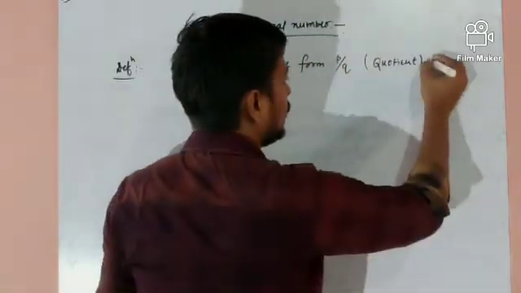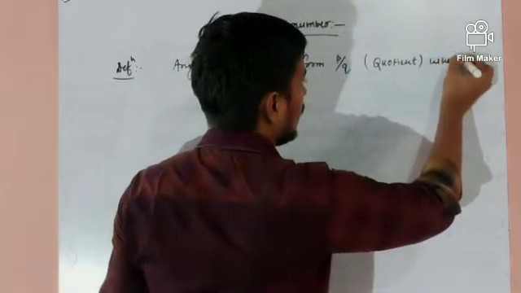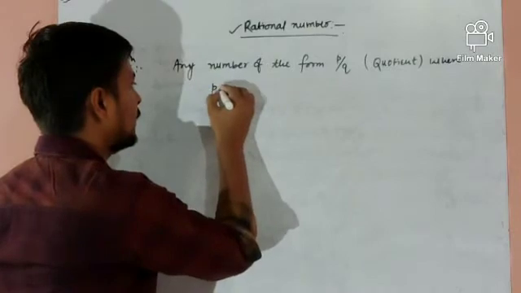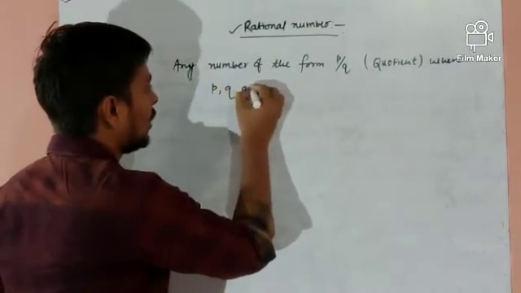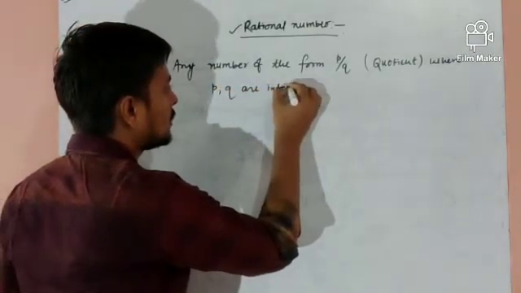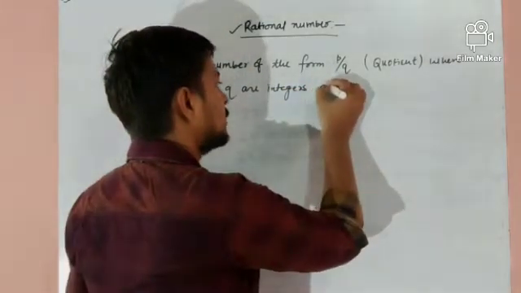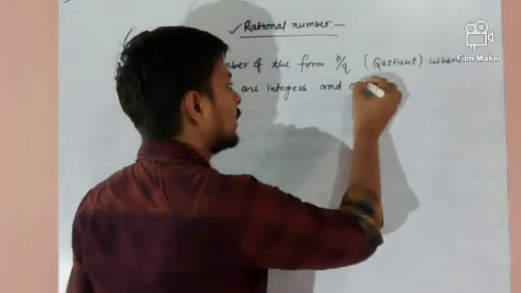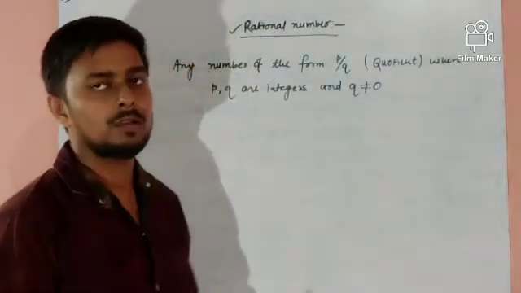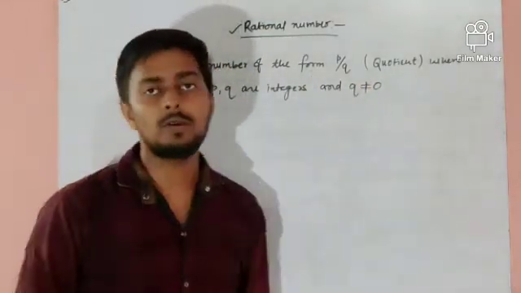Any number of the form p by q where p, q are integers, both are integers, and most important thing, the denominator, this q, should not be equal to 0.